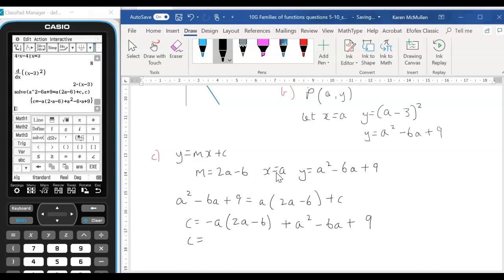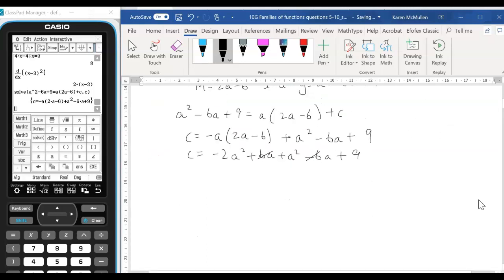We get negative 2a squared plus 6a plus a squared minus 6a plus 9. So they cancel out, and then I'm left with, putting the positive number first, 9 minus a squared, because I've got negative 2a squared plus a squared.